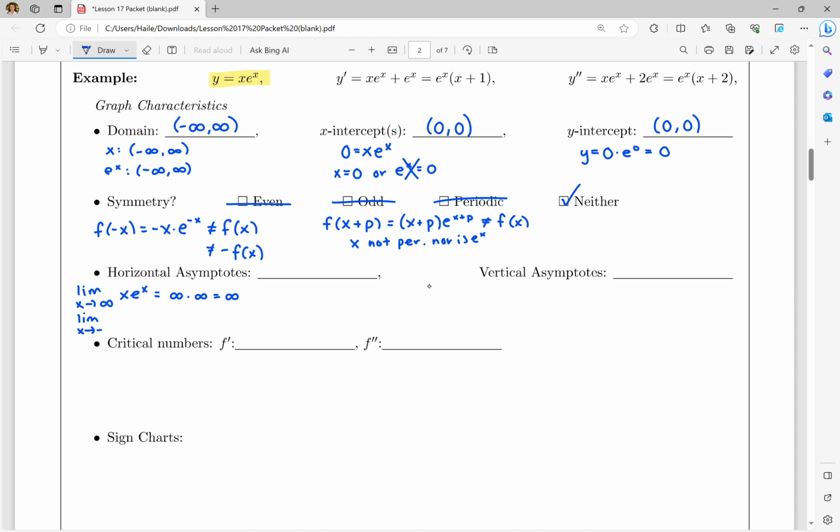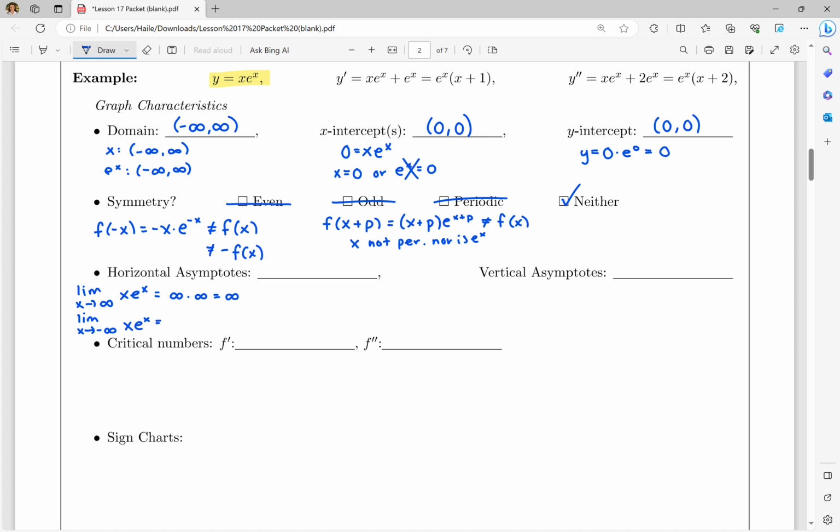So limit as x goes to negative infinity of x e to the x is equal to negative infinity times 0. Uh-oh. This means we need L'Hopital's rule. So let's see what we can get here. So we're going to move the e to the x to the bottom.